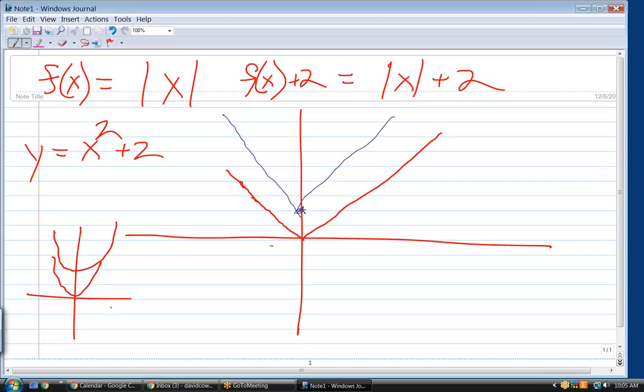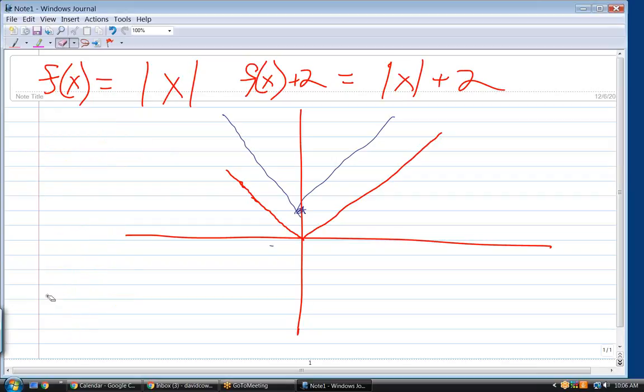Would it still always be up 2? No. That's a little different. That's the constant of a quadratic, whereas this is an alteration of the original. This is called the parent function. This is called a vertical shift.